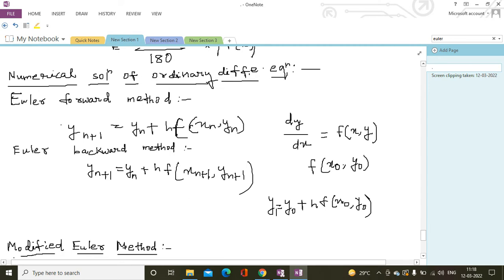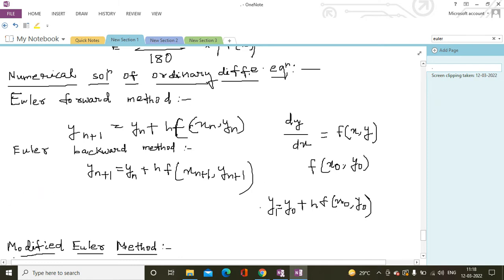So if we write the standard formula for Euler forward method and Euler backward method, that will be as shown: y n plus 1 equal to y n plus h f of x n comma y n. Similarly for Euler backward method, y n plus 1 equal to y n plus h f of x n plus 1 comma y n plus 1. Here it will occur in two steps.